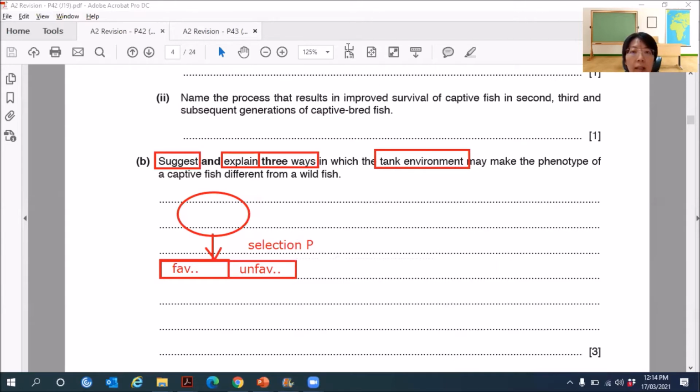So they are asking you about the tank environment here, which is actually the selection pressure, and what kind of favorable phenotype it leads to. The favorable phenotype given in the question is the wound healing ability, that means the time taken for wound healing, as well as the resistance to disease.